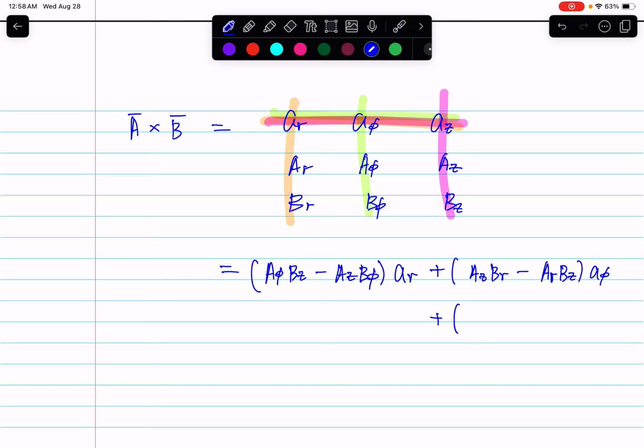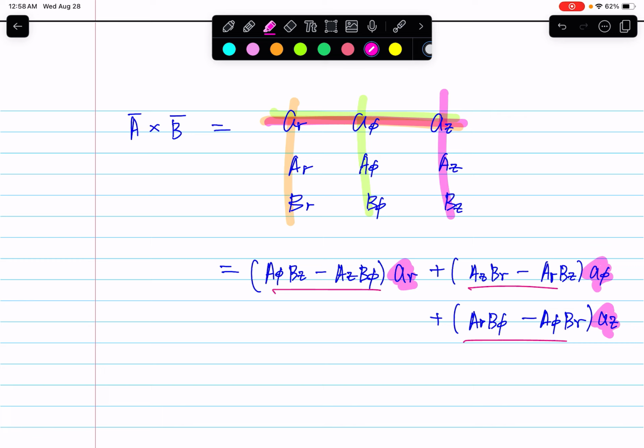The last component would be AR. Okay, so you can see now again that these values are all scalar, and the highlighted, these are all vector, and the overall result is a vector.